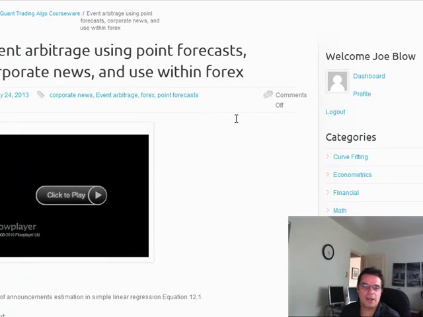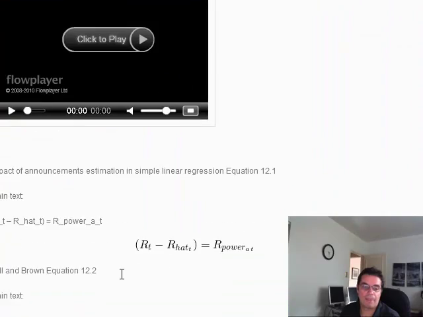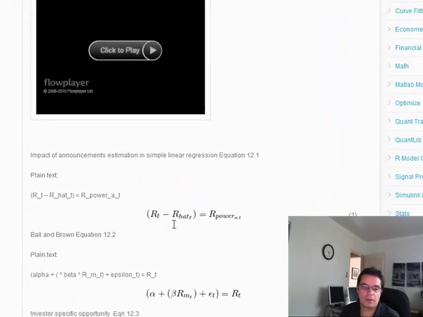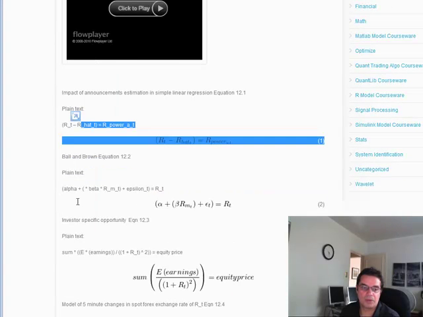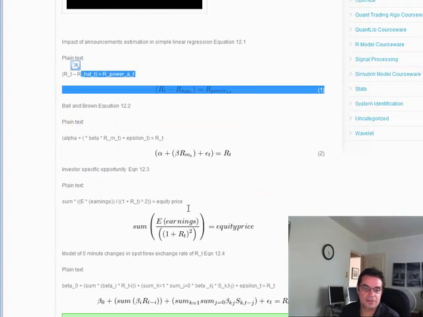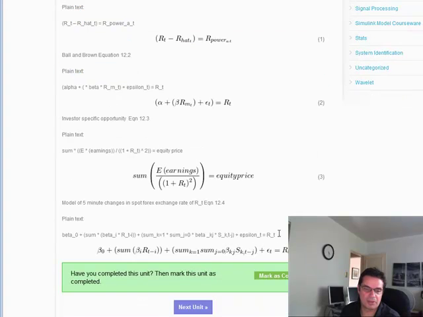Essentially, each unit has the equation in scientific notation, as well as the LaTeX version of it. So you get a plain text version and then the actual scientific notation of that.